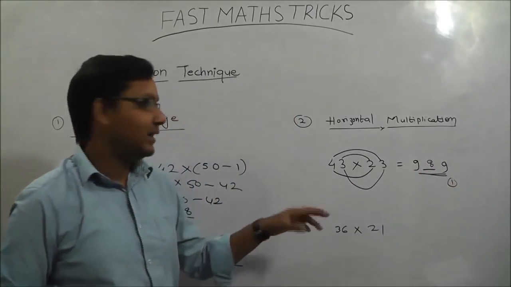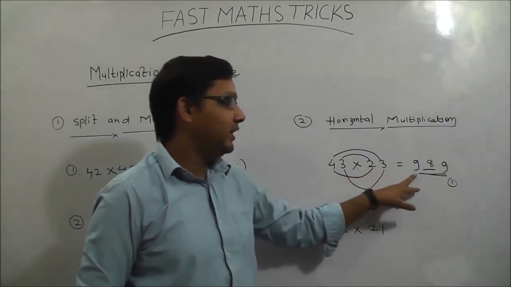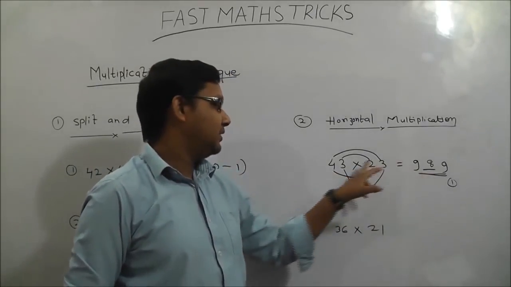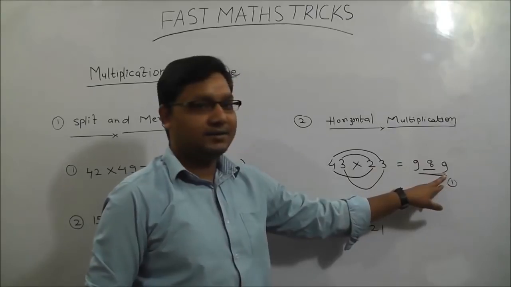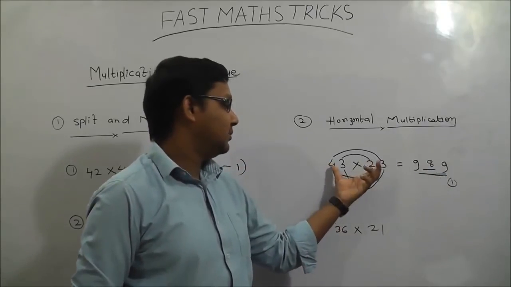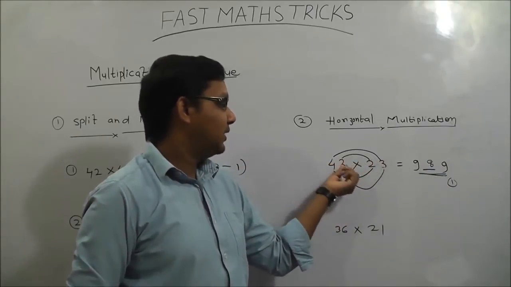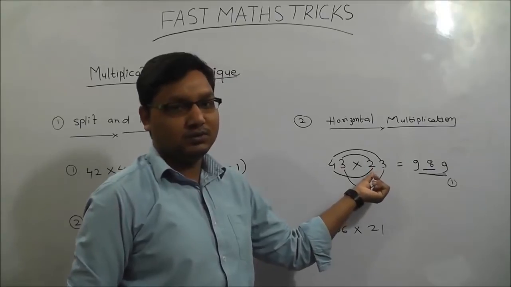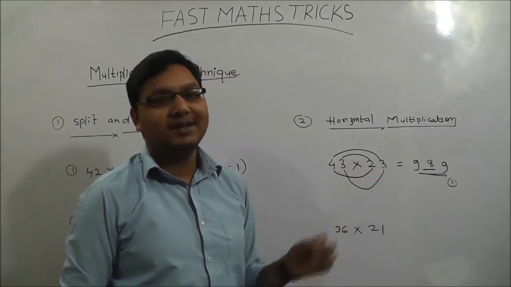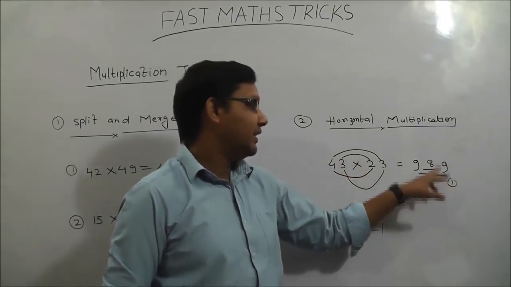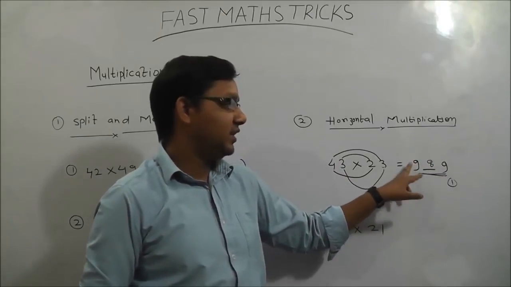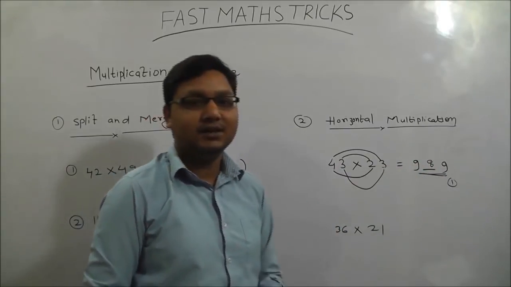See, once again I am telling you, 4 into 2, 8. Okay, and leave one place, then 3 into 3, 9. Then add this term, 4 into 3, 12, plus 3 into 2, 6. 12 plus 6, 18. So write 8 and add 1 to the first digit. 8 plus 1, 9. So 989 is the answer.